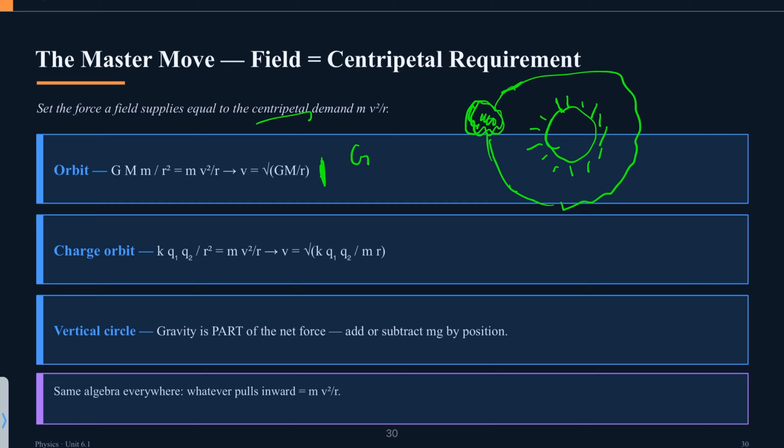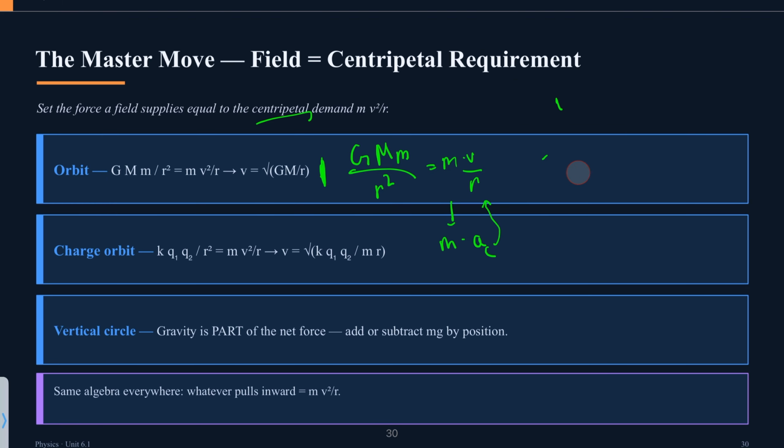So the G, big M, m over r squared, has to be equal to m times v squared over r, right? Because this is mass times acceleration centripetal, and we know acceleration centripetal is just this. And this is just force centripetal, right? Force is equal to mass times a. Since this gravitation is the entire net force here, we can equate it to mass times acceleration, right?